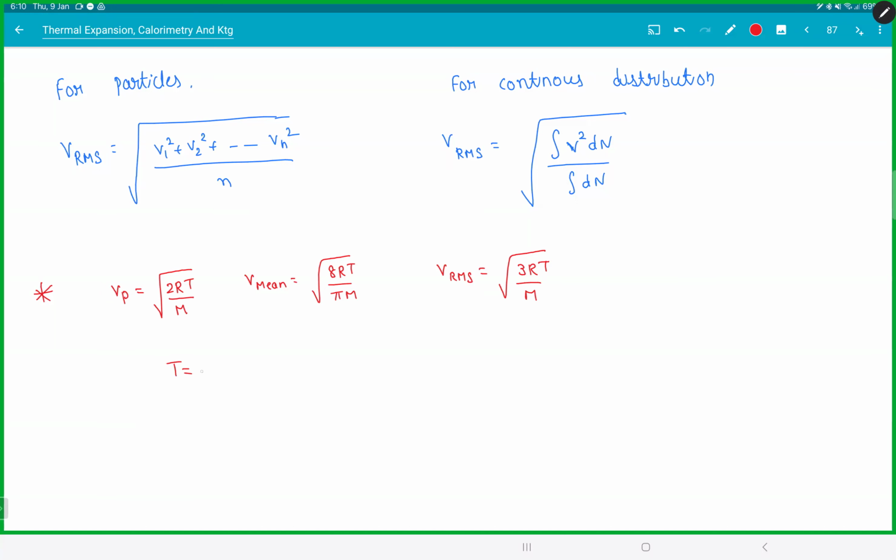T is the temperature in Kelvin. R is the gas constant, which is 8.3 joule per mole Kelvin. You can also write this as 25 by 3. That m is molecular weight in kgs, so be careful with that. It's not in grams.